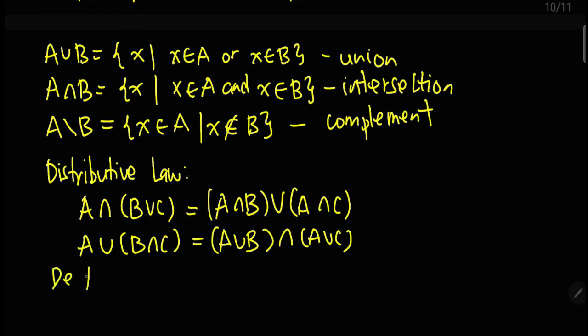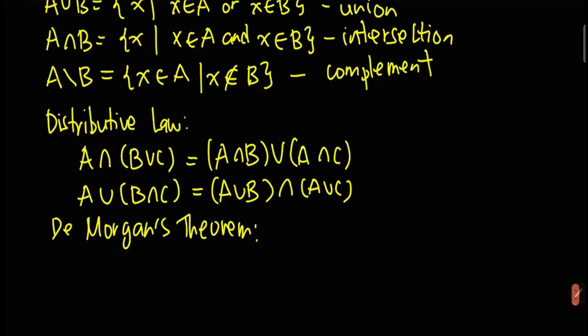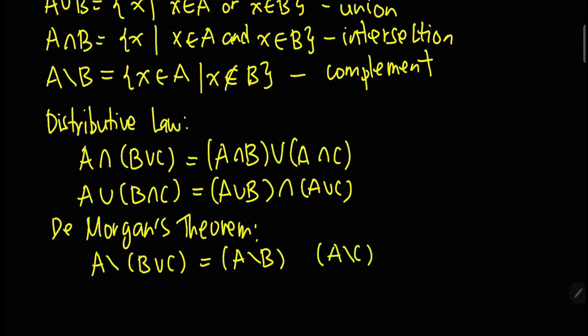Similarly, we have De Morgan's law. So De Morgan's theorem in logic also has an equivalent De Morgan's law in sets. So A except B union C is equal to, this is actually similar to the distributive law, but instead of keeping the operation, we are negating the operation. So A except B, the first set, distribute A except C. And then instead of union now, we're getting the intersection.